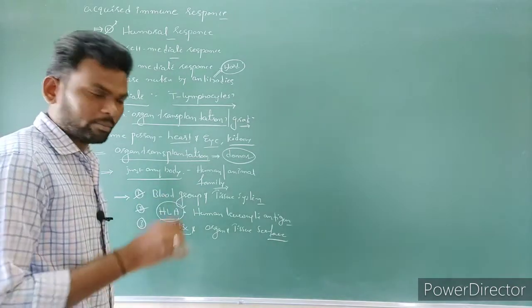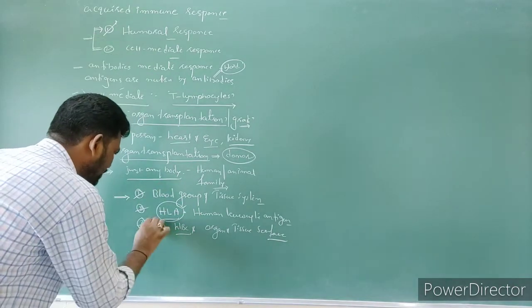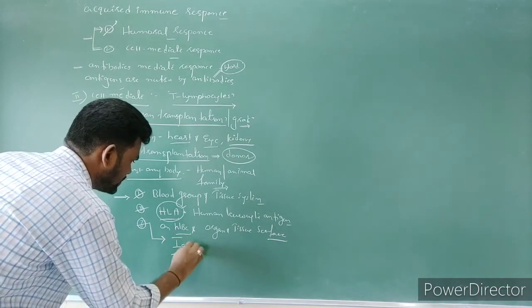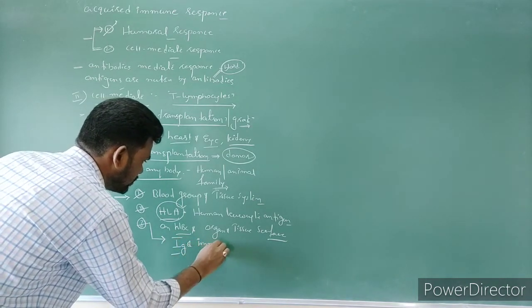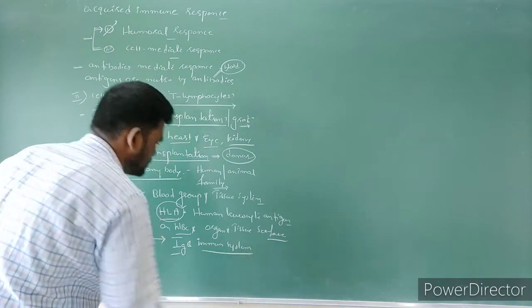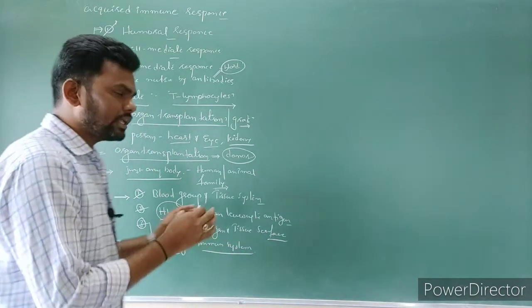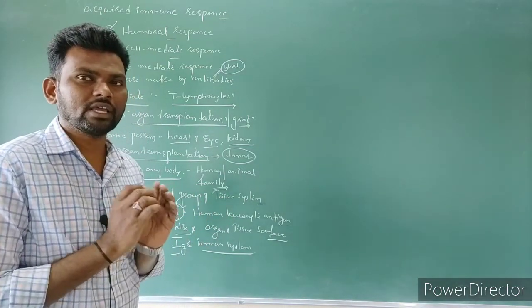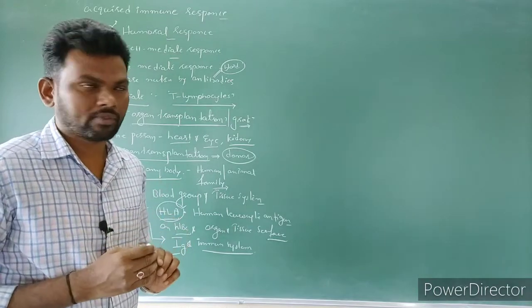That should be matched, compulsory. And the next one is the immunoglobulin system, IG, as well as the immune system, should be matched. Then only is organ transplantation successfully done. Otherwise, the organ will be rejected from the body, right?